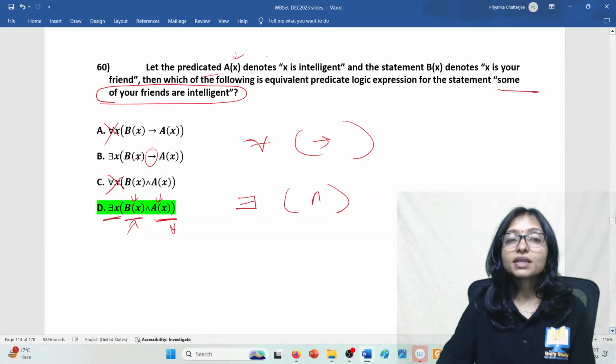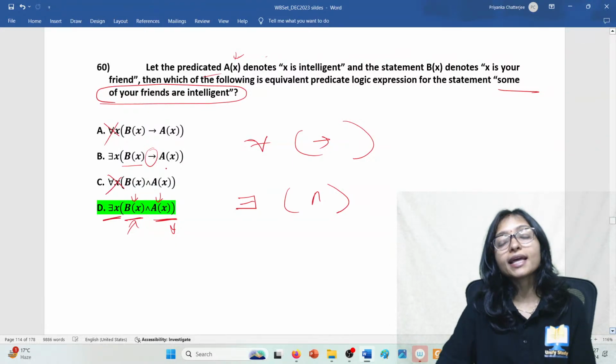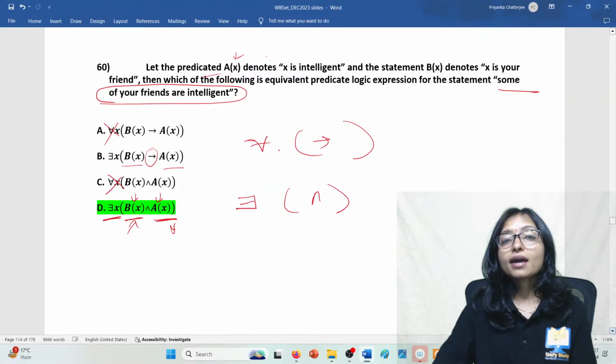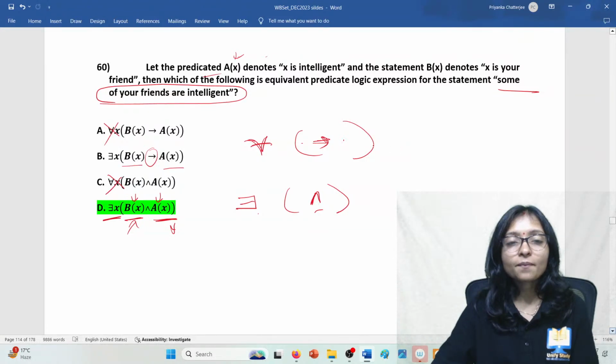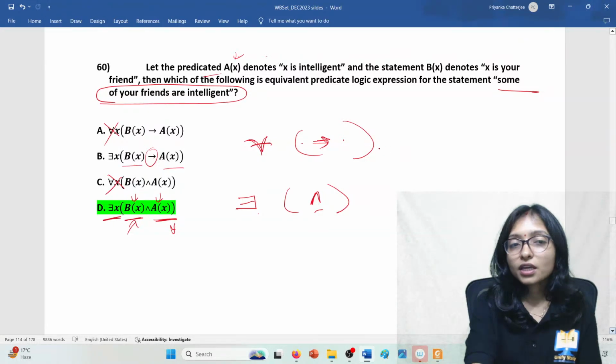And implies means if this is true, then this is true. Implies means if-then. Whenever I am using for all, then most of the time we use this implication inside. And whenever we are using there exists, then we are using this. It is the rule of there exists and for all. Using this trick, most of the time you can get the correct answer.